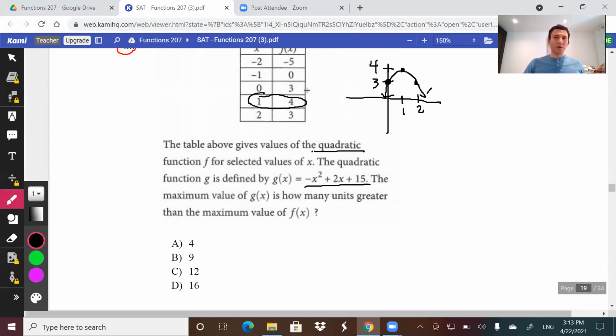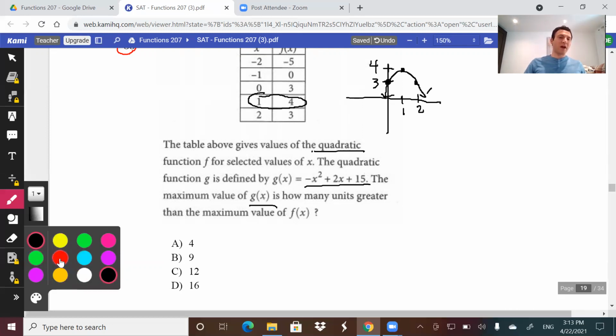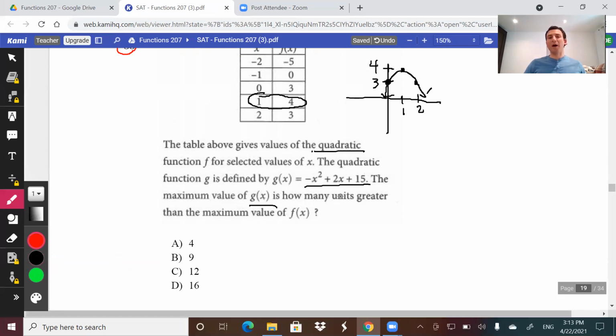Okay, so we know the maximum value of the f of x function is 4, and they want to know how much greater is the g of x function. So this, again, you really want to know your concepts from worksheet 205, parabolas, but the way you get the maximum value of this one is x equals negative b over 2a, which will get you the x value of the vertex.